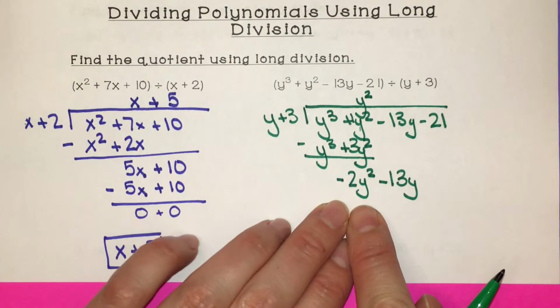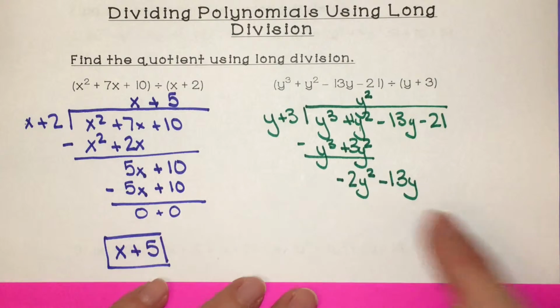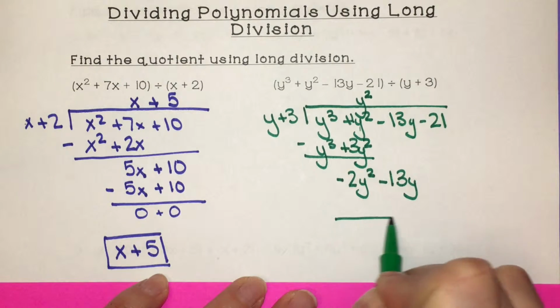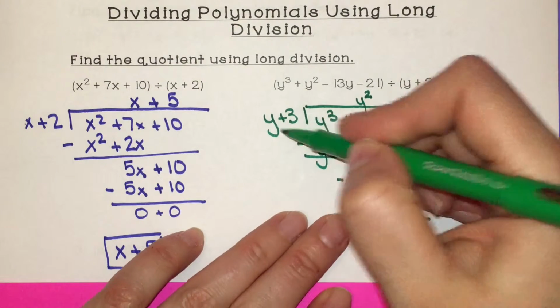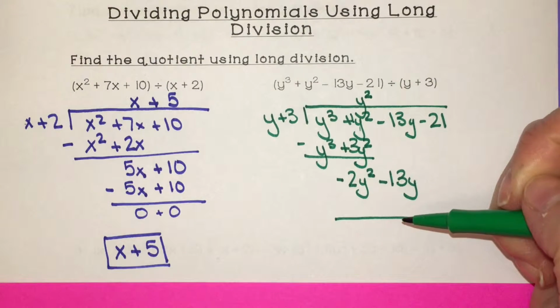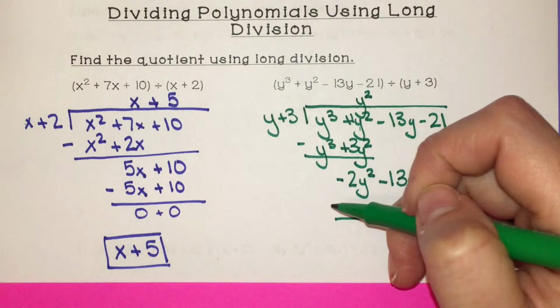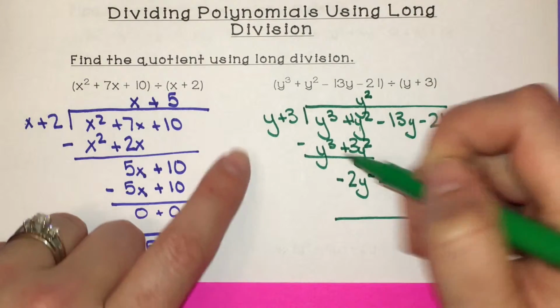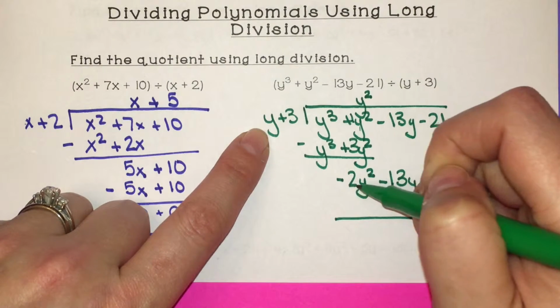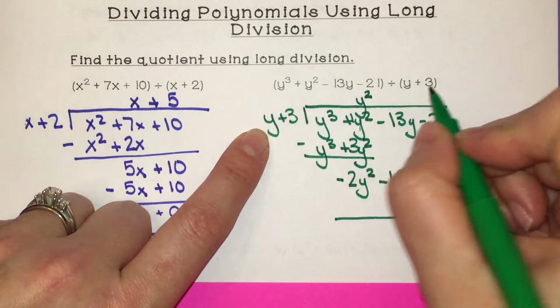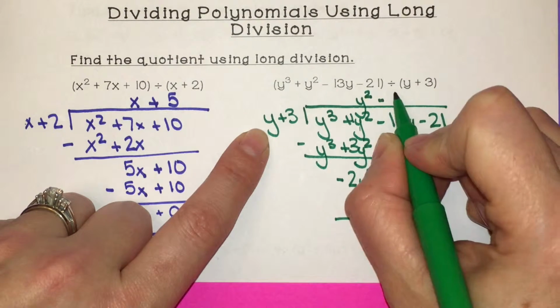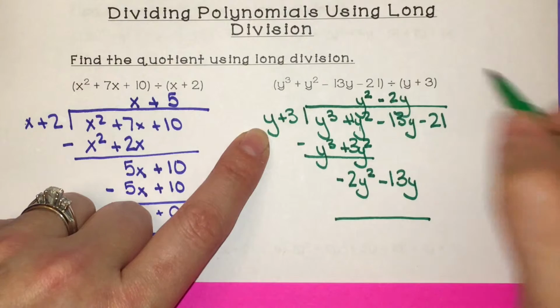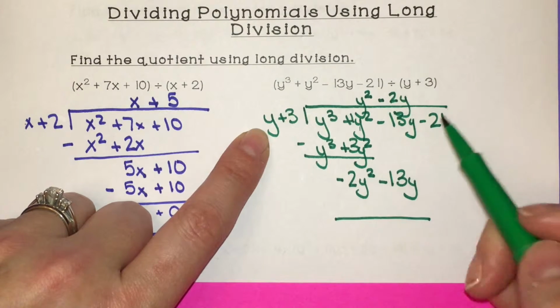Okay, so I want to get rid of negative 2y squared. What do I multiply y by to make it be the same thing? Because if I subtract off the same thing, it'll equal 0. So what do I multiply y by to get negative 2y squared? Well, I could multiply by negative 2y, and then it'll be the exact same thing.